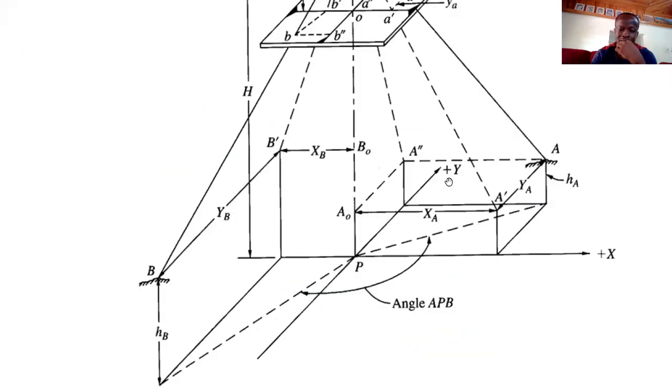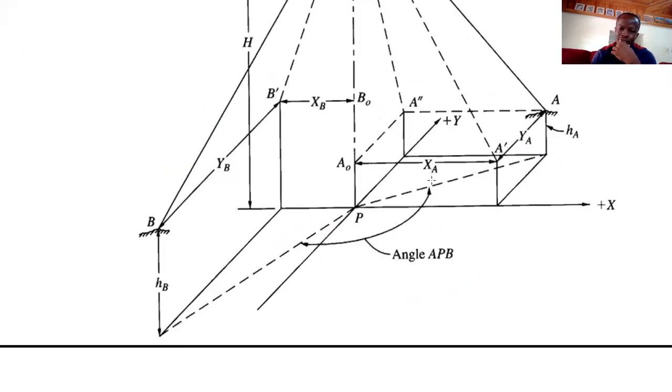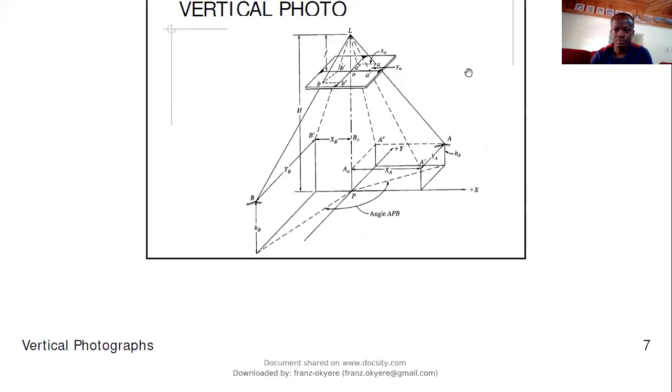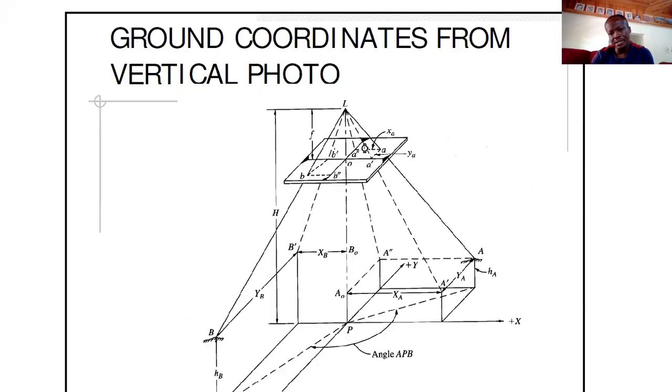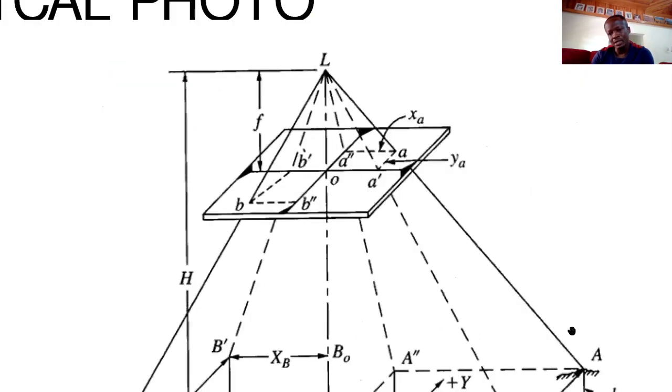So basically that's that. When we take the photograph, then every image that appears on the photograph is actually of a certain object. Every image on the photograph represents an object on the ground.